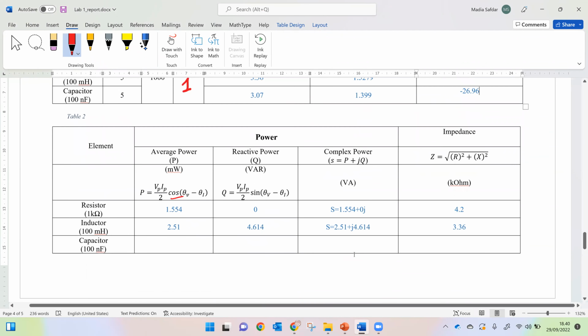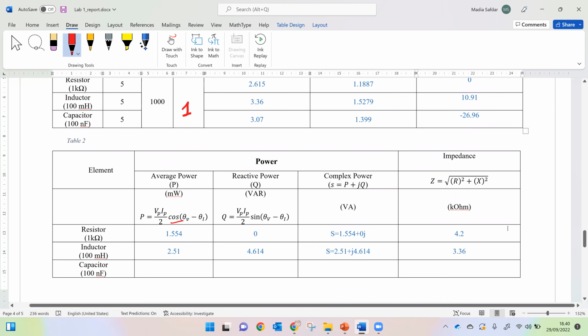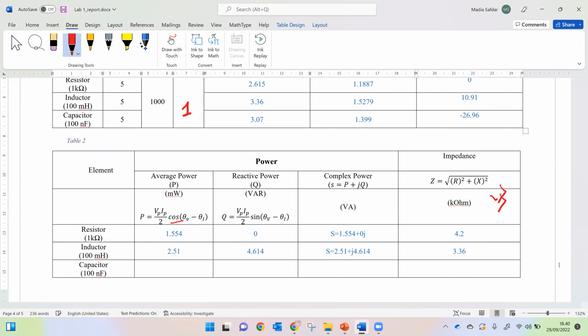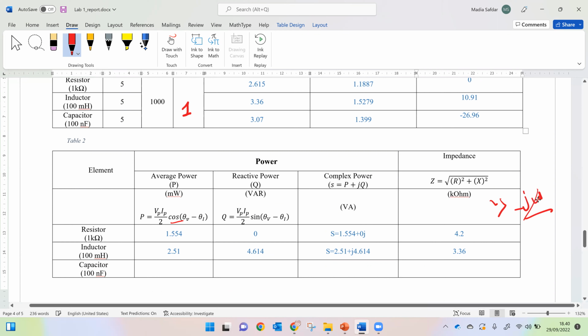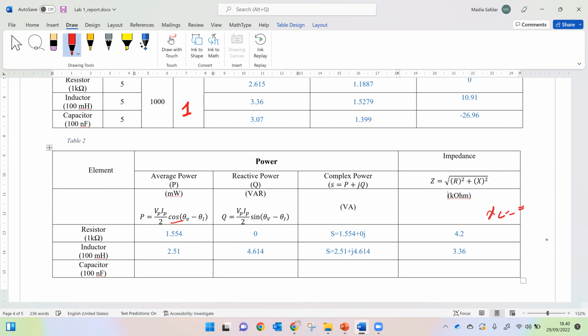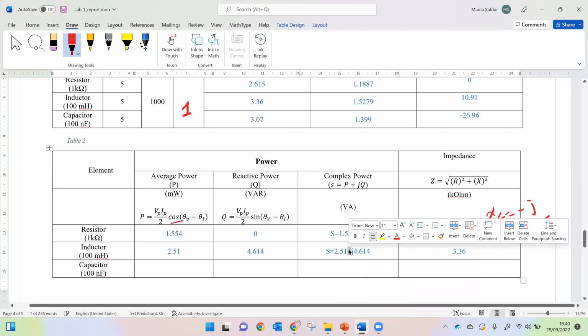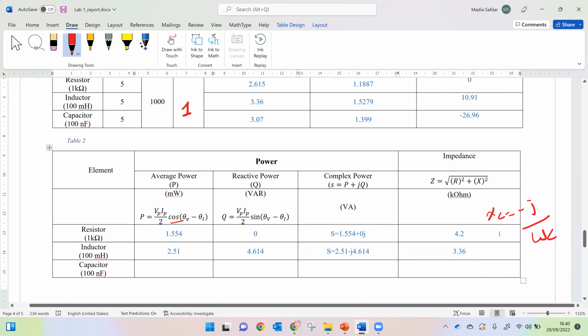You can just plug the values here and there. For X_C, you will put minus j by omega C. So remember, for the inductor it will be plus here, and for the capacitor it will be minus.